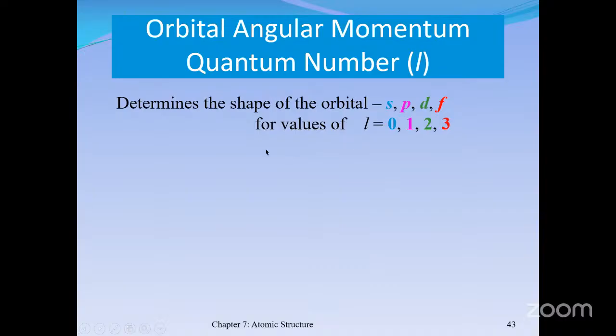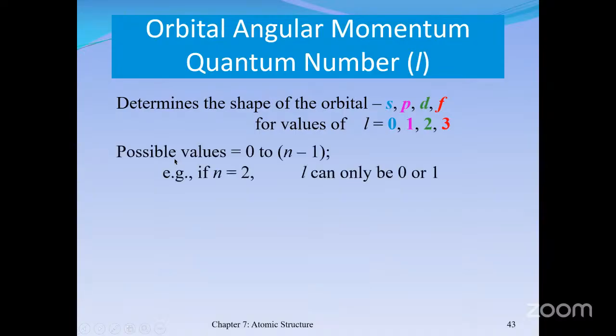The values of L depend on the value of n, such that L is equal to all integers from 0 to n minus 1. For example, if n is equal to 2, then L can be equal to only 0 or 1.